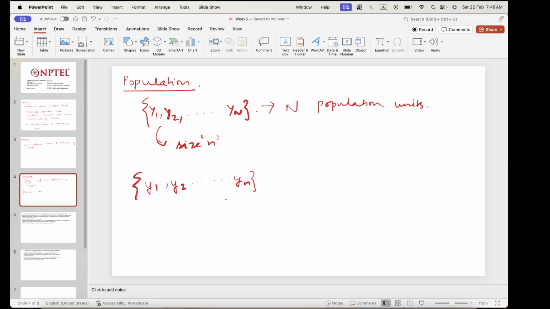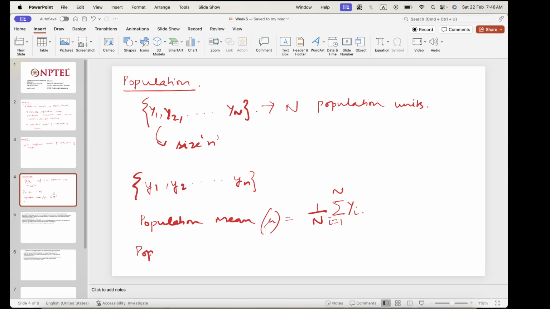Now population mean mu was 1 by N summation i equal to 1 to N capital Yi.